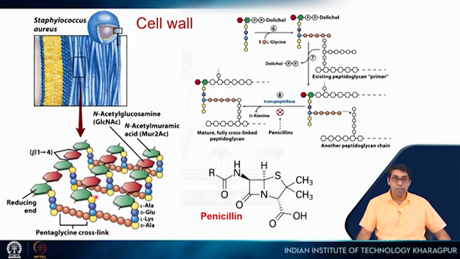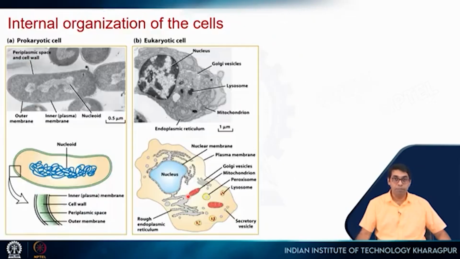If cell wall synthesis does not happen, the bacteria will undergo osmotic lysis. So, penicillin can kill bacteria, and it is a very good antibiotic because this is not present in our cells, it is only in bacterial cells. But you have to remember that taking too much antibiotic can cause harm because it can kill the good bacteria present in your body, for example, in your gut.